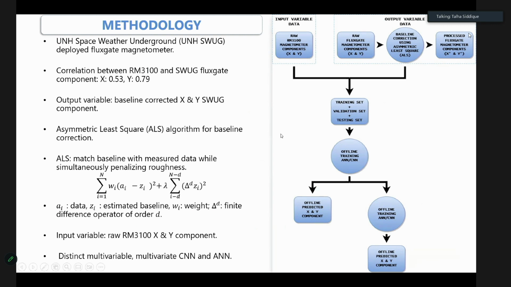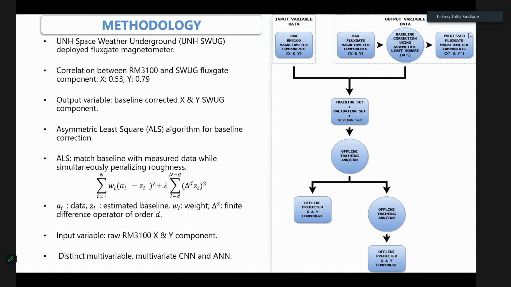First of all, I looked into the correlation between the RM3100 magnetometer and the SWAG fluxgate magnetometer. The X components have a correlation of around 0.53, whereas the Y components have a correlation of around 0.79.